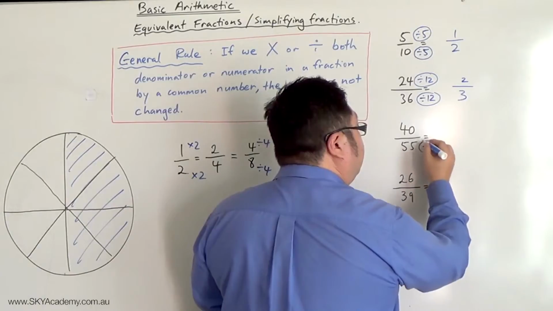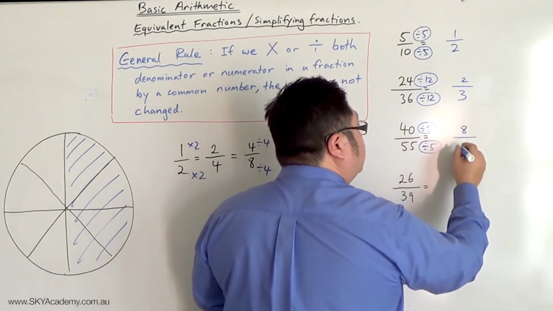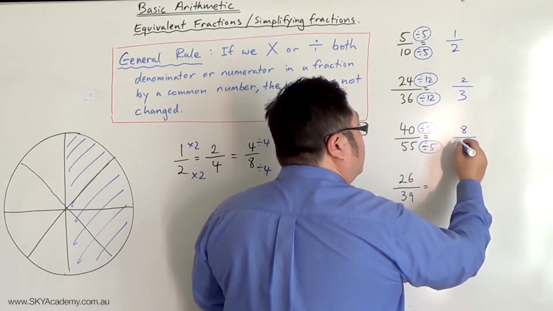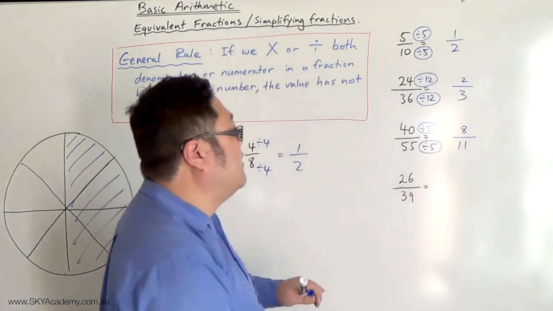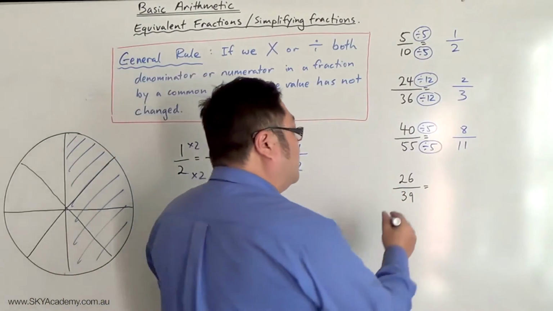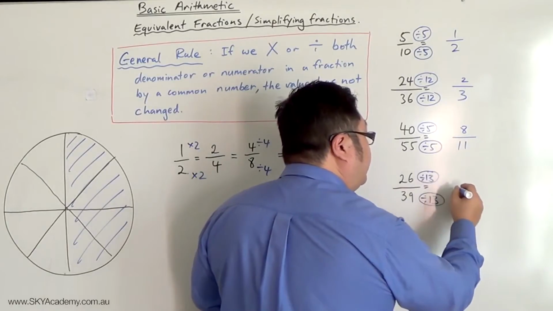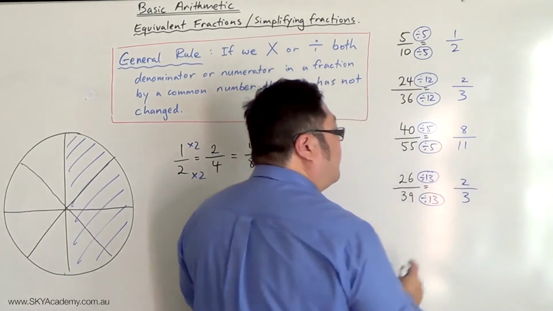Divide the top by 5 and the bottom by 5, and you get 8 over 11. Yep. The last one, 26 over 39. You divide both top and bottom by, in this case, 13, and our fraction becomes 2 over 3.